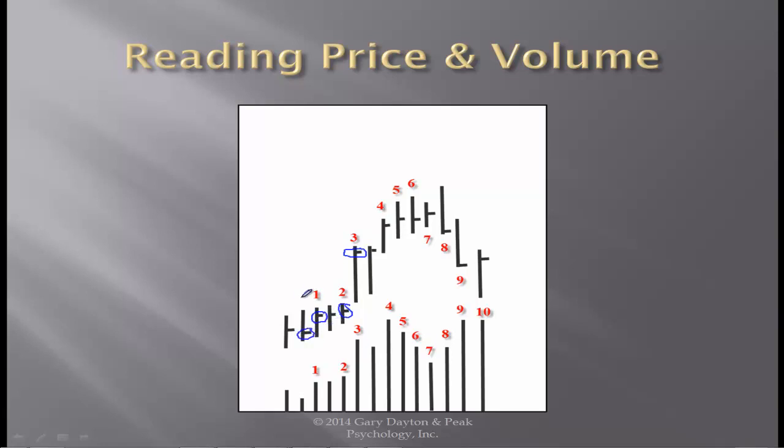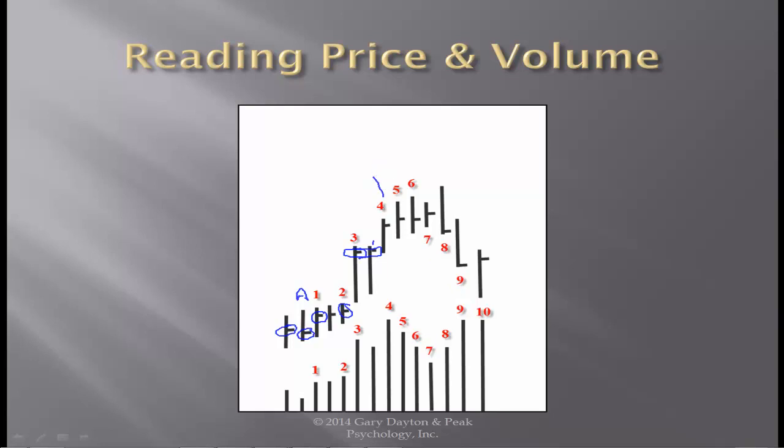Bar A, we'll call this, is a down bar because it's closing below this bar. So when we're trying to determine direction, we're determining direction from the last bar. And here, it's probably a tick or two up, but I would just call it level.